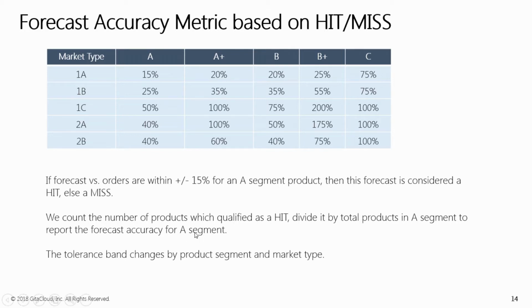So it gives you the forecast accuracy for A segment. So note that the tolerance band changes by product segment and by market type. As you can see, 1A is pretty good, but if you go down to something like 2B, the tolerance band is much wider. So from what I remember, the country for which we did the analysis was market type 1A or 1B. 1B.